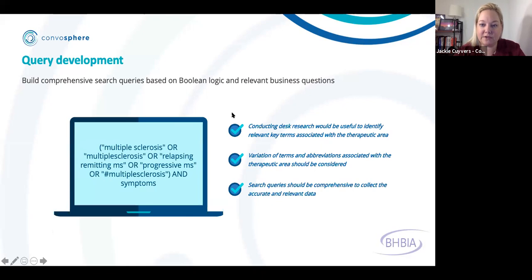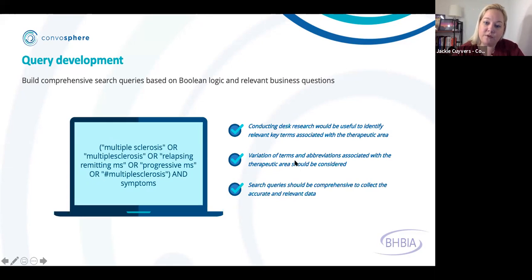So you start with desk research to identify terms around the therapeutic area, and not just the official or the scientific or technical terms of things, but you're also taking a look at patient organizations or patient forums to see the way that patients or individuals refer to the disease in a more conversational tone or colloquial terms.